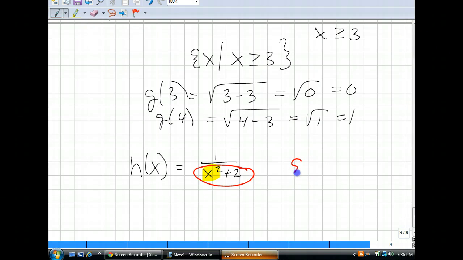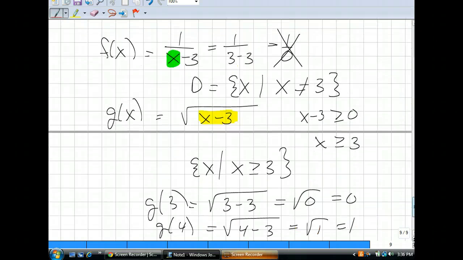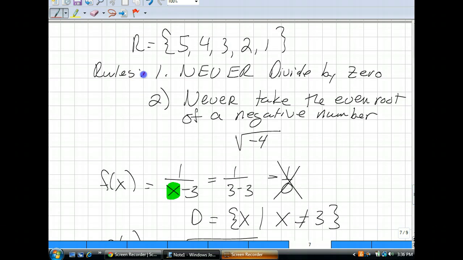So my domain is all x such that x equals all reals. Okay? So that is basically what you need to do for this section. The key is the domain. Remember that you can never, ever, ever break this rule or this rule if you are asked to state the domain.